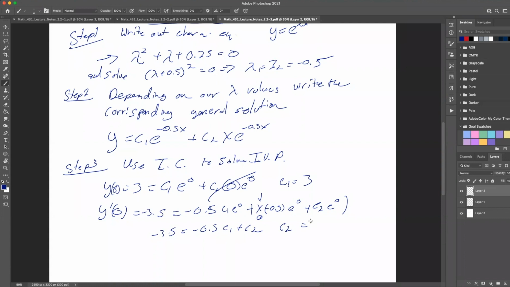That means C2 is equal to minus 2. There we go. I can do math. And so here I get the final answer, 3 e to the negative 0.5 x minus 2 x e to the minus 0.5 x. So here's my particular solution. Okay. So you just have to make sure you use product rule and all that.